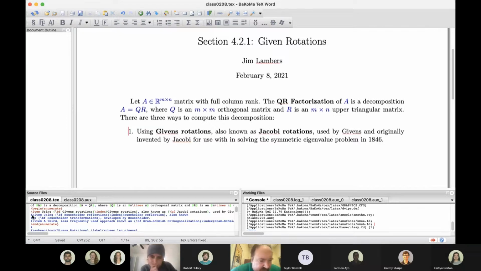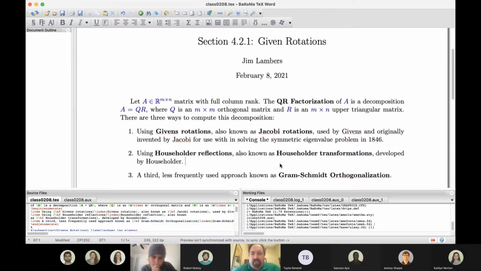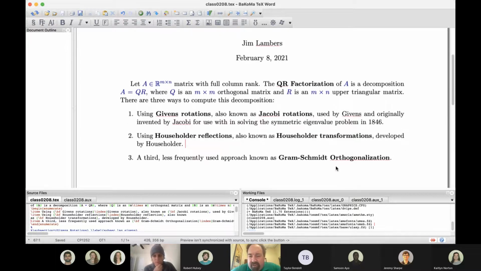Okay, so that's today, and then on Wednesday, Householder reflections, or Householder transformations, is another approach to computing a QR factorization. And then one that you may have actually seen in a regular linear algebra class, not numerical, is called Gram-Schmidt orthogonalization.